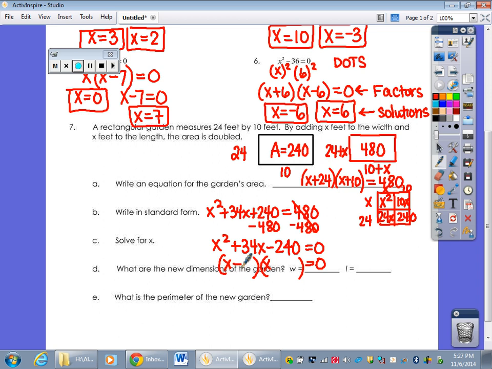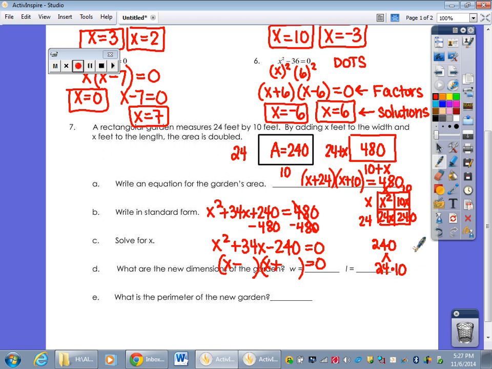One's going to be negative and one's going to be positive, and it's got to be a bigger number here. So let's think, 240. You don't know what the factors are, you start making your factor tree. So 24 times 10 is the obvious one, but there's no way that 24 and 10 can give me 34 unless they're both positive or both negative, and that doesn't give me what I need, because I need negative 240. So we've got to start thinking of other factors of 240.